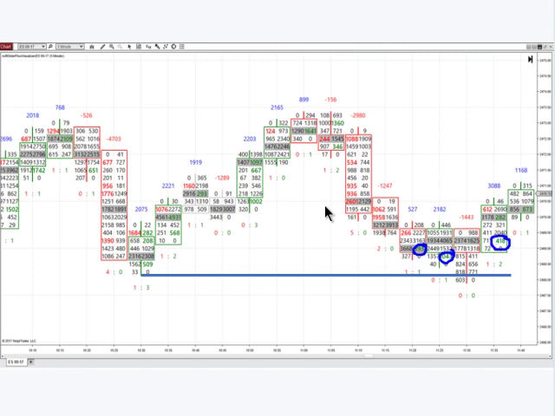Now, part of the challenge of learning how to use this: the blue here just means that the net value of the two, the aggressive buyers and the aggressive sellers, is positive. Blue is positive here. Red is negative.